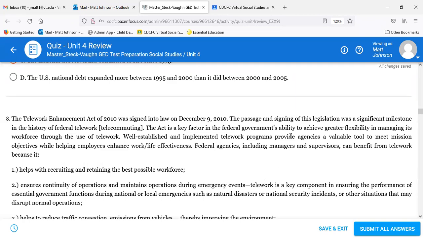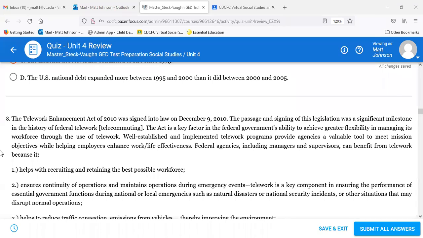Okay. The Telework Enhancement Act of 2010 was signed into law on December 9th, 2010. The passage and signing of this legislation was a significant milestone in the history of federal telework.